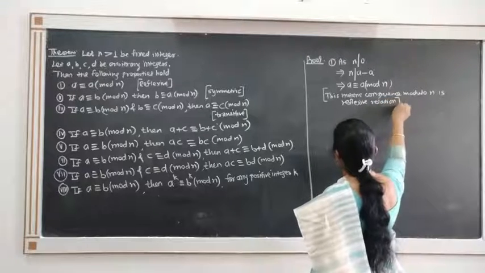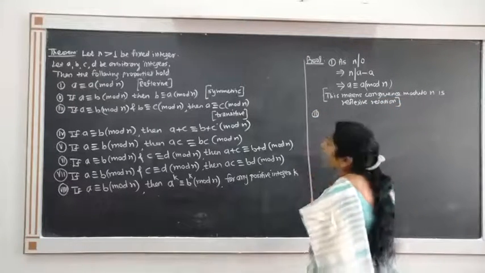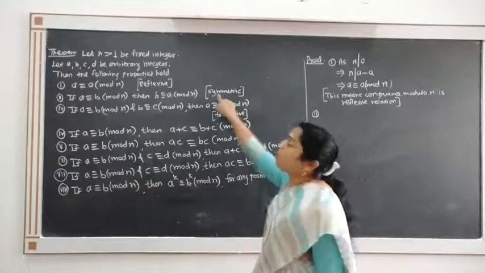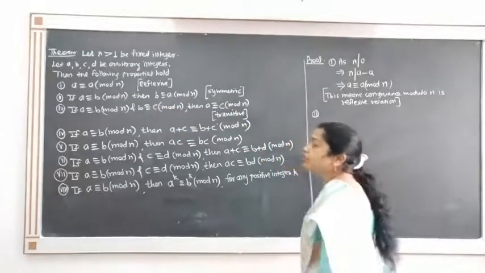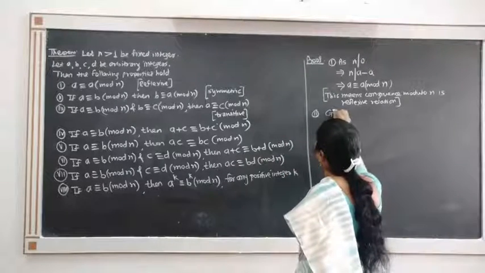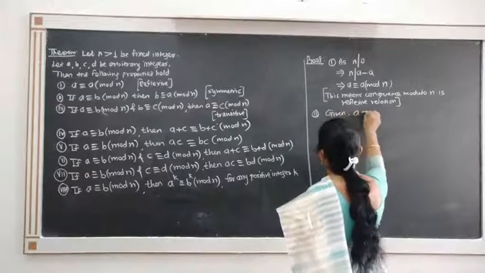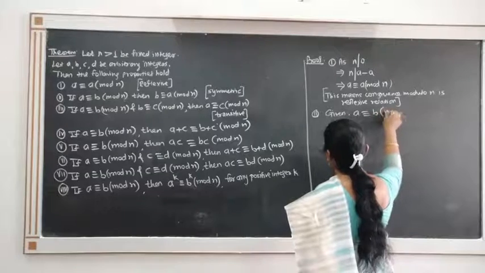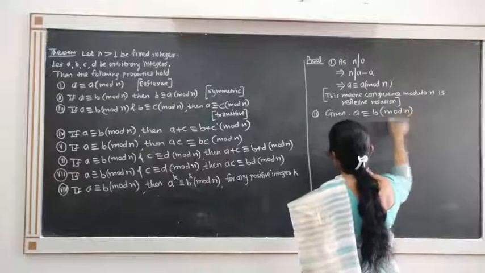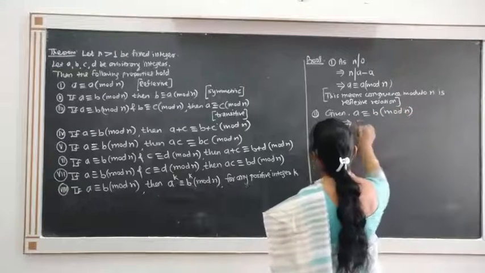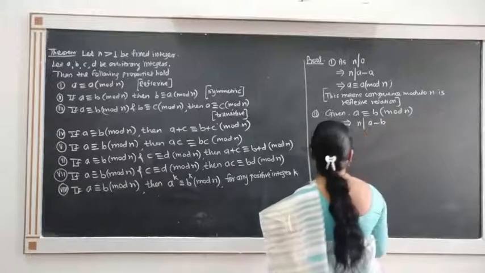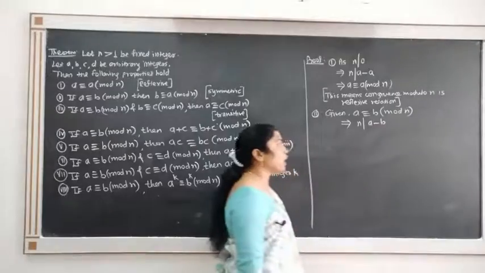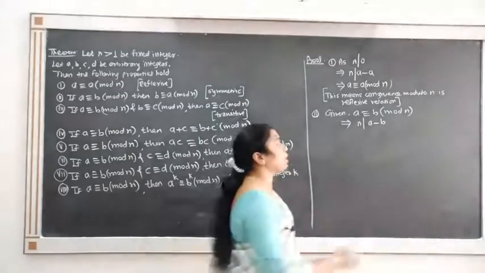Now see the second. We want to prove that congruence modulo n is a symmetric relation. It is given that a is congruent to b mod n. By definition of congruence, this implies n divides a minus b.